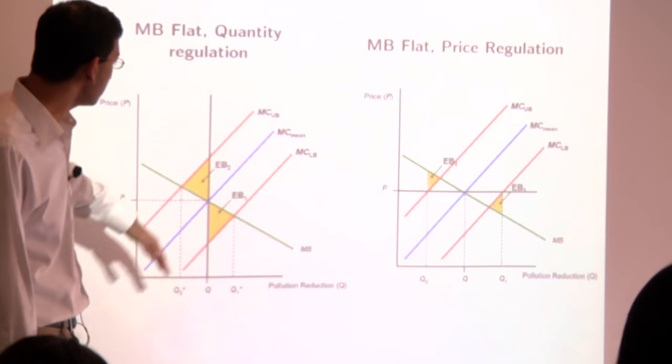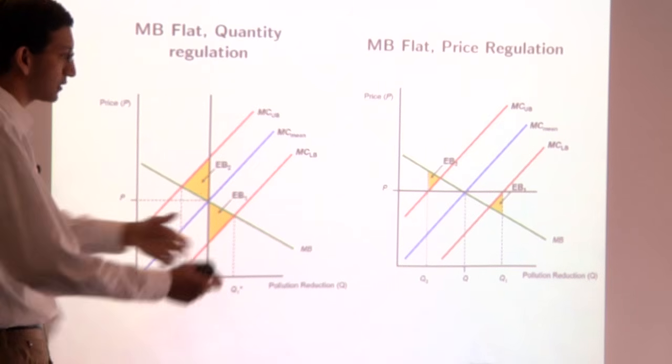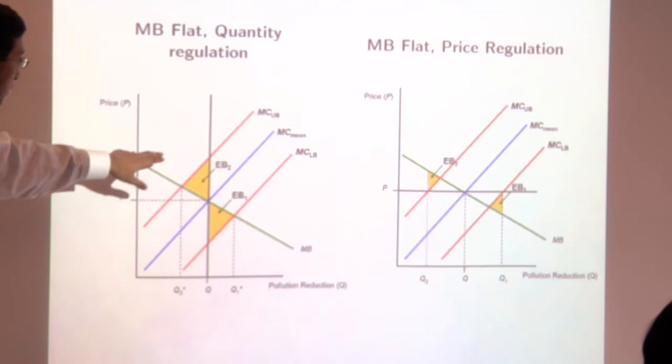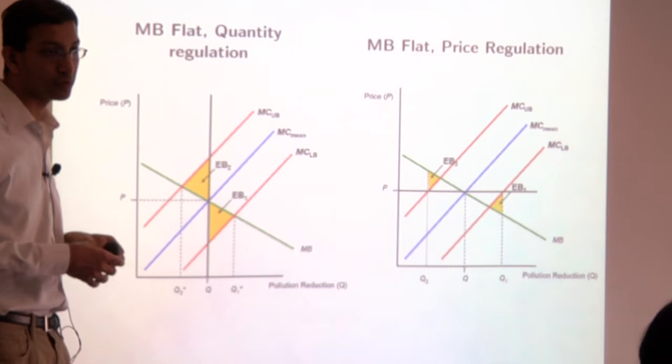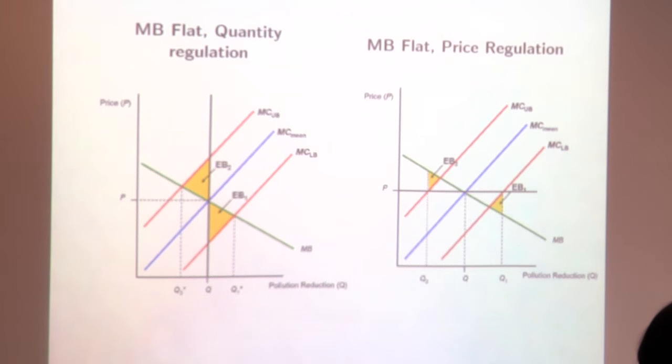So suppose now that the quantity was chosen by the guy on the benefit side of the market, all right? So the amount of pollution reduction that gets done, like the amount of trash we pick up or whatever, is determined by the people who are benefiting from the pollution reduction, all right? Then the quantity that you're going to get to is going to be determined by the consumers, correct?